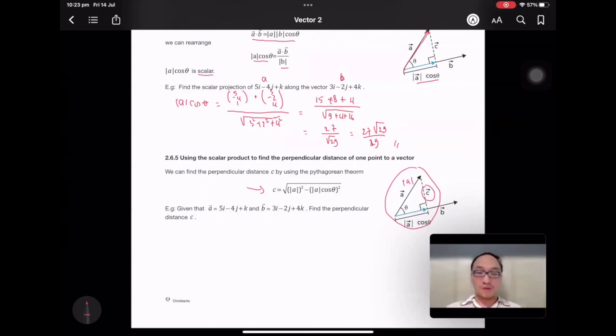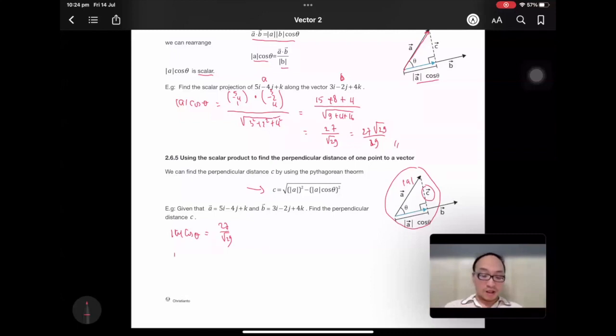So we will use the same example as before to find C. From the previous answer, we have A cos theta equals 27 over root of 29.